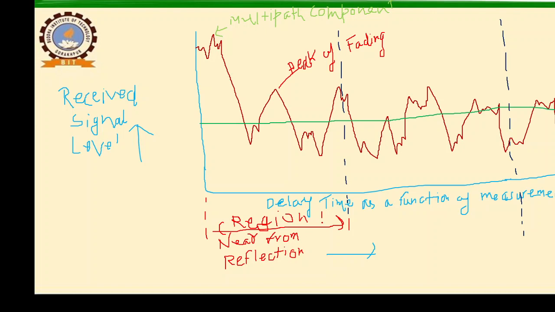Now the second reason of this graphical representation: it is the signal from the intermediate middle of the transmitter and receiver.